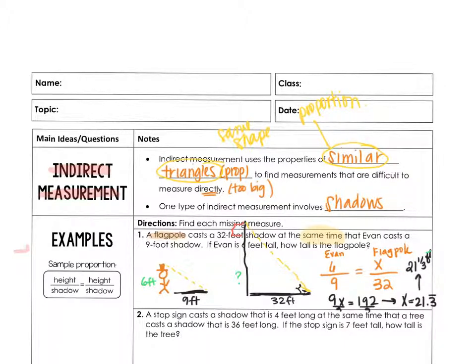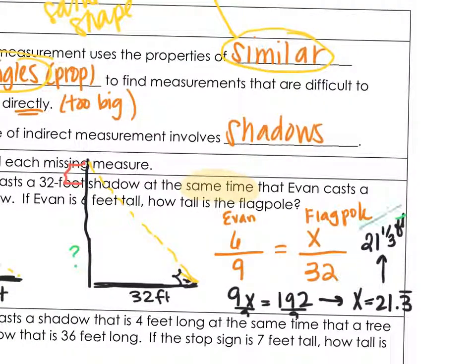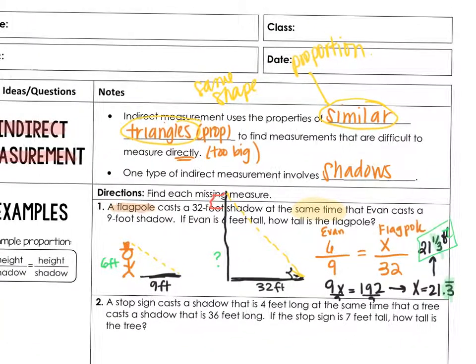So the flagpole is 21.3 repeating, also known as 21 1/3, because 0.3 repeating is the fraction 1/3. So if Evan is 6 feet tall with a 9-foot shadow, the flagpole is 21 1/3 feet tall with a 32-foot shadow.